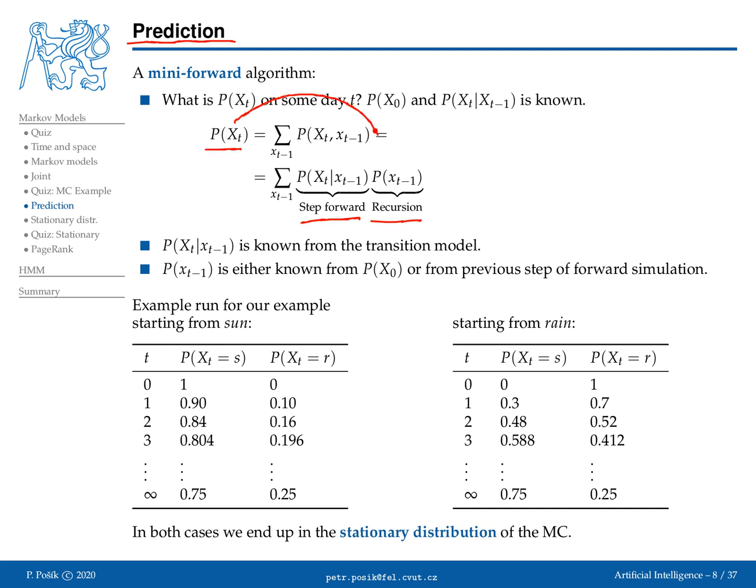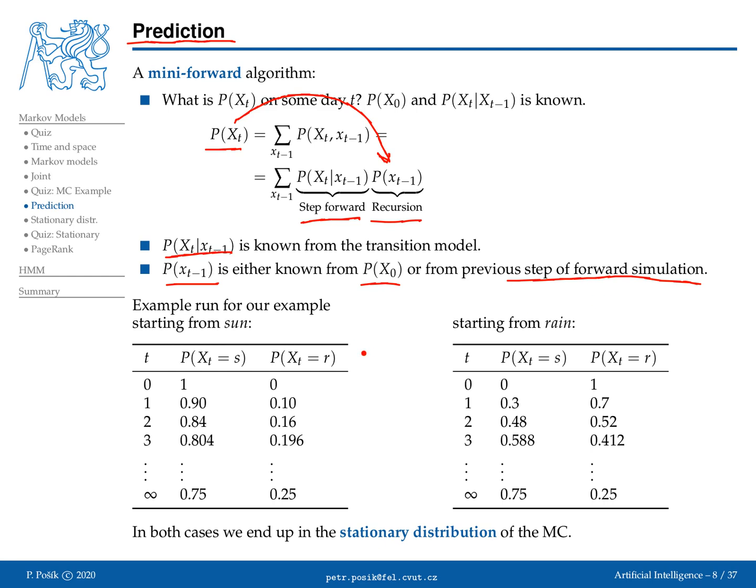And then you will move one step ahead. You will move the current weather as the previous one, and you will compute again the new value for the distribution. So this is the known transition probability, and this is either known from some prior distribution where you set that the process starts, or it is a previous step of the forward simulation.